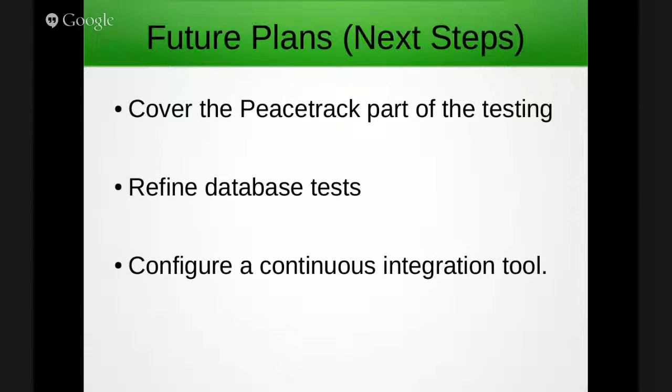After Google Summer of Code ends, this is what I plan to do. These are my future plans and next steps. First and foremost is to cover the PeaceTrack part of the testing. Like I said before, Irish covered the malaria part and AJ covered PeaceTrack.